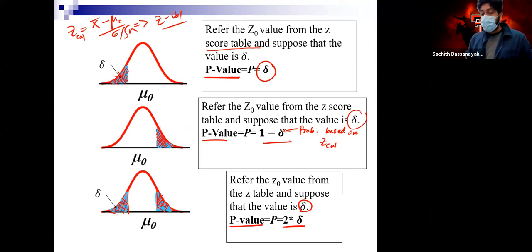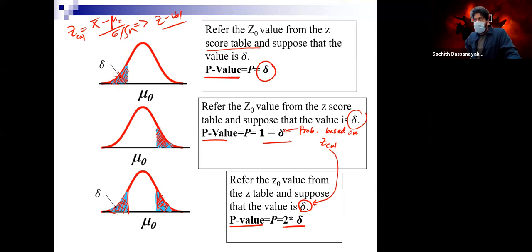Okay, 2 times that guy. Once you calculate C cal, same thing here. The probability based on C cal is this one.